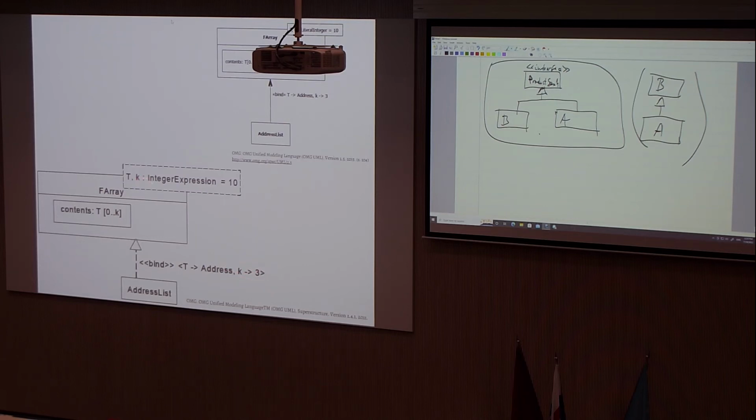So integer expression of 10 is a default, but here you set it to 3. So you end up with an address list of 3 addresses. It's a bit strange. This is a list. This is an array.